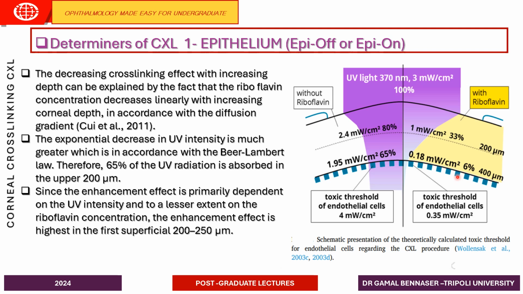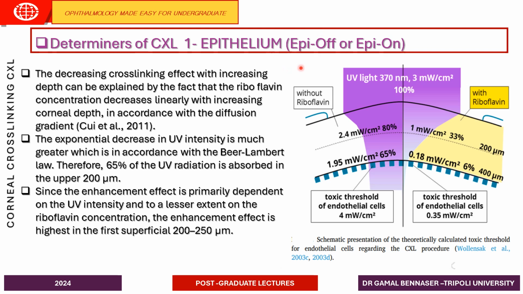Only 6% will arrive, and this is also much below the toxic threshold for the endothelium. So both the riboflavin and the corneal thickness play an important role in the photochemical reaction induced by the cross-linking, and that's why the choice between epithelial on and epithelial off is very important.